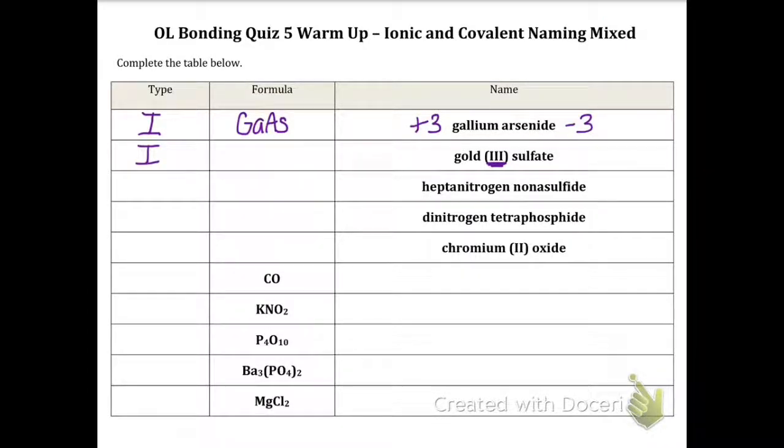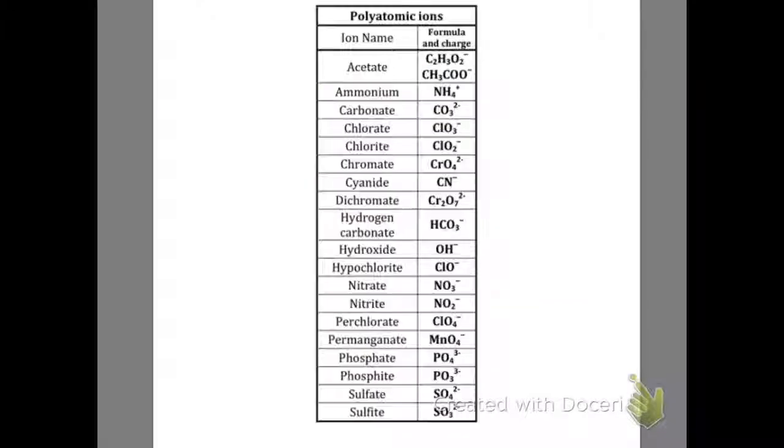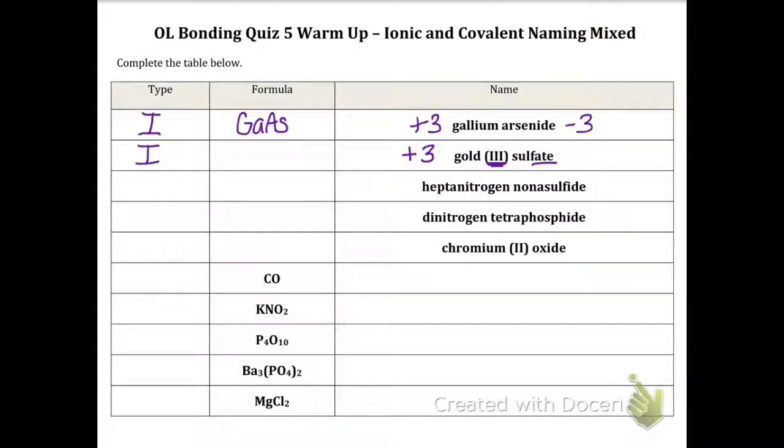When you have a Roman numeral, remember that Roman numerals are always positive. That is a Roman numeral for 3. Look at the ending here. Sulfate doesn't have an IDE ending. That means there must be a polyatomic involved. Where do you see sulfate? Right here. Sulfate has a -2 charge, so I'm going to make a note here that it's -2.